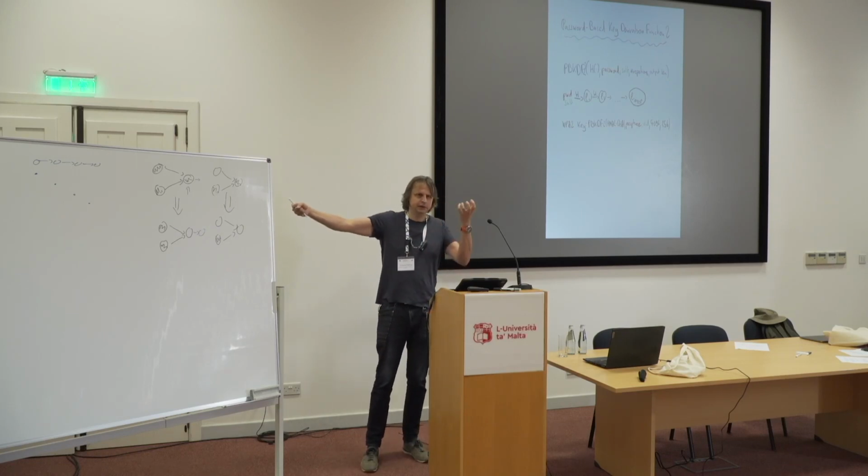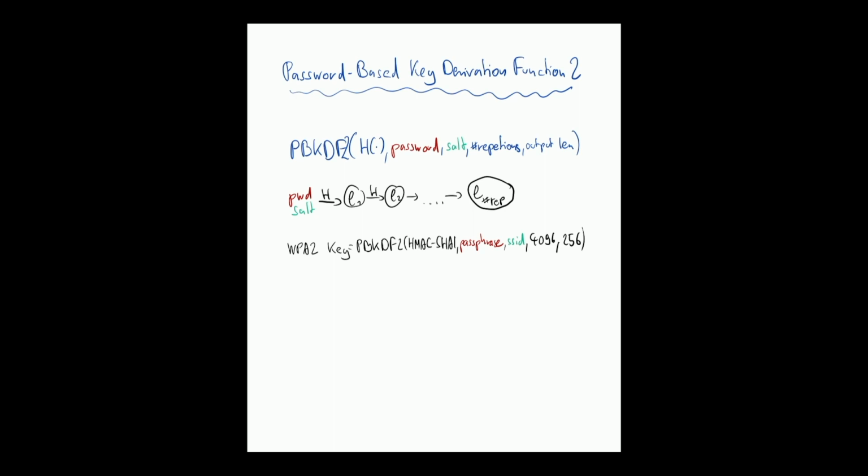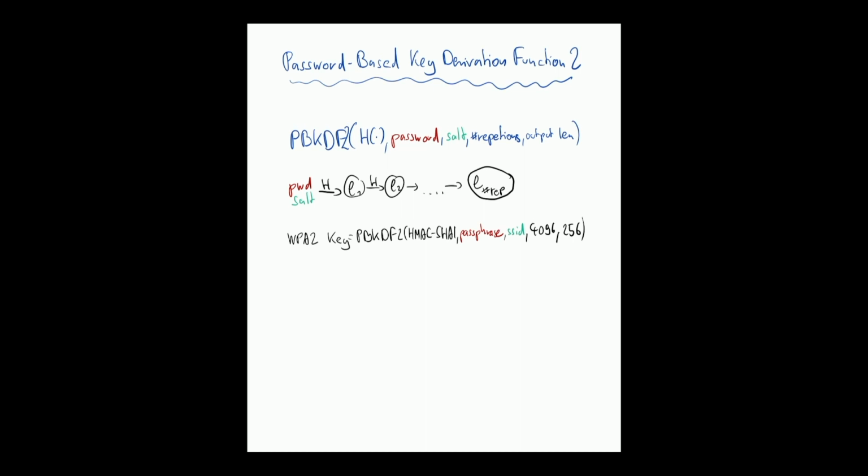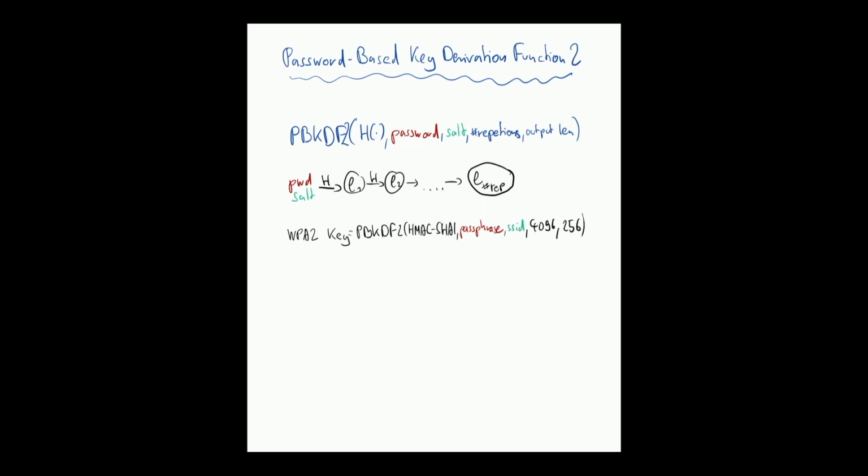For example, WPA2, which was used for encrypting Wi-Fi connections, and is probably not used now, not because it's insecure, uses exactly this very simple function. The hash function itself is SHA-1 in HMAC mode, if the input is too long. Then there's a password. The salt is the SSID. I don't actually know what this is. This must be some random value that comes up somewhere in the process as you set it up.